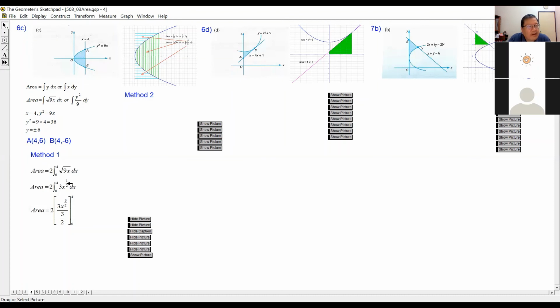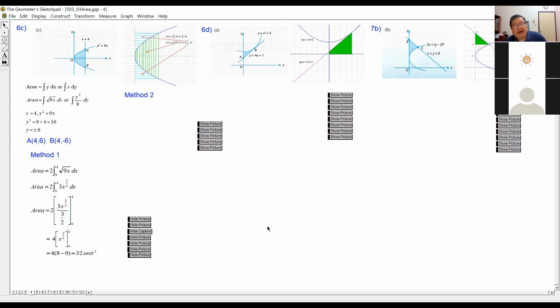So integrate x to the power half, you have x to the power of 3 over 2, then divided by 3 over 2 again. Finally, the 3 and 3 can cancel, 2 times 2 is 4. So you multiply by 4 and substitute the numbers inside, x to the power of 3 over 2. Substitute 4 inside, answer is 8. Substitute 0, answer is 0. So 4 times 8, answer is 32 square units.